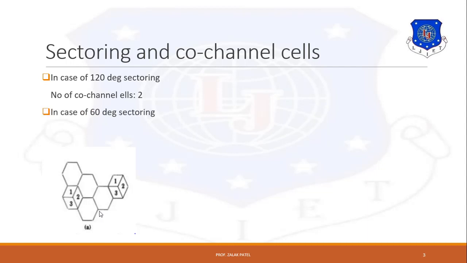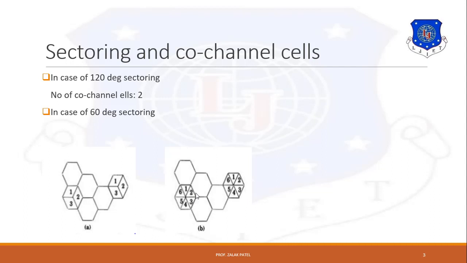Now we take the case of 60 degree sectoring. Consider this figure. In 60 degree sectoring, we divide the cell into 6 equal partitions, because 360 divided by 6 gives us 60 degree.